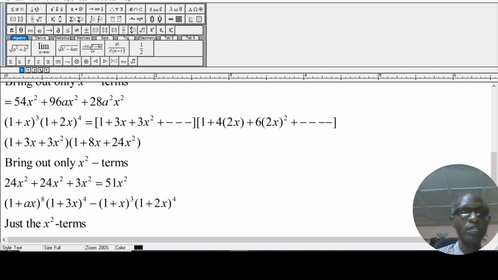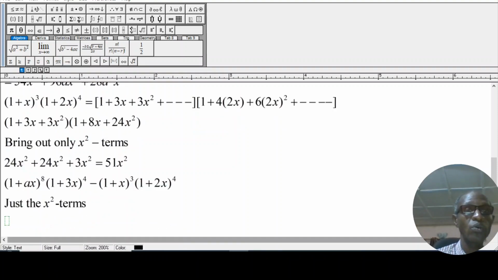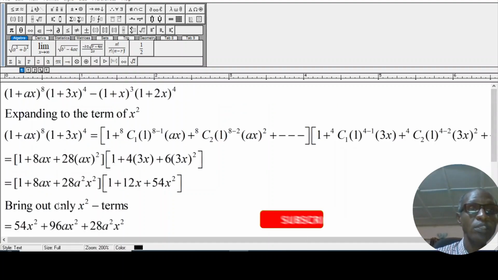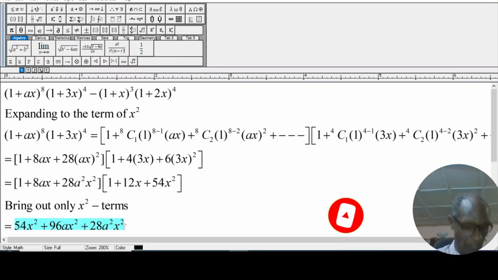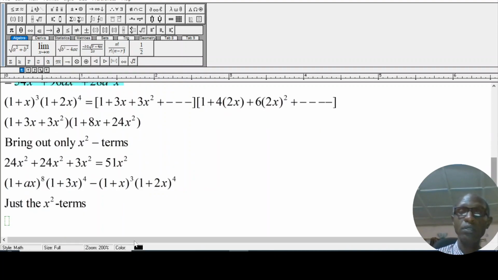Just the x squared terms. So on this side, this is what we got for the first side, which is this. So I'm going to put this here, copy it. That's what I got for the first side.